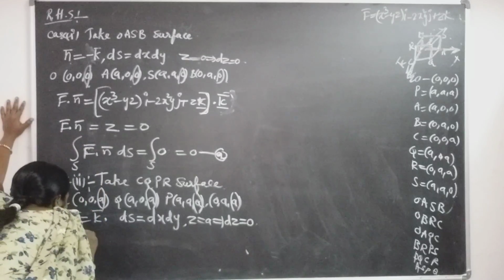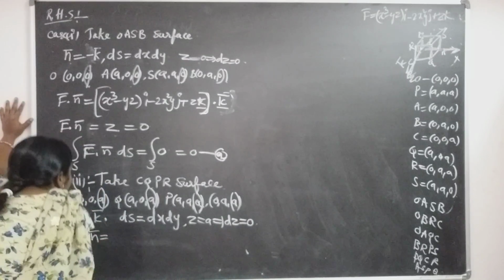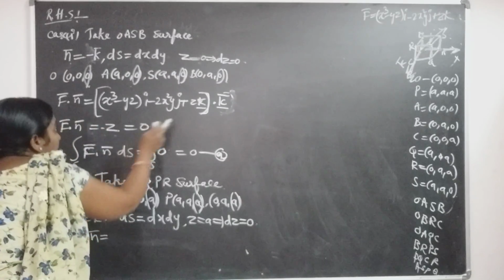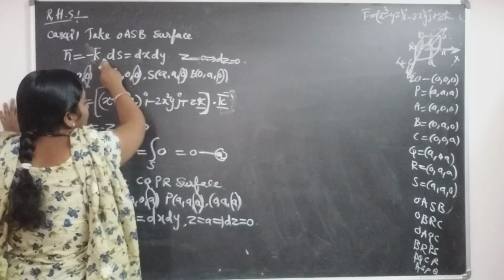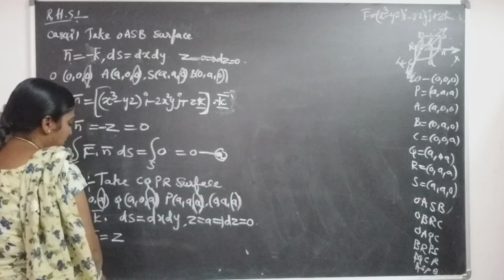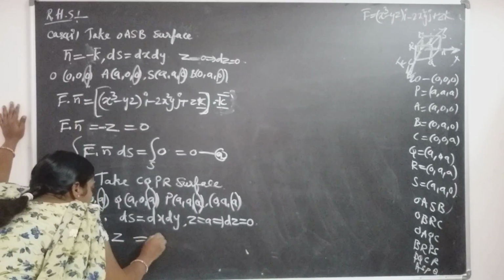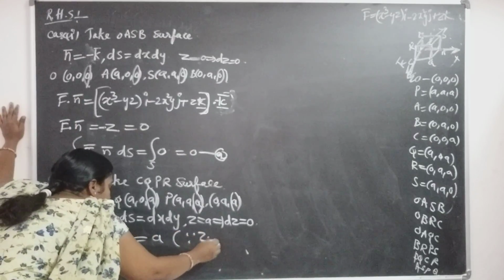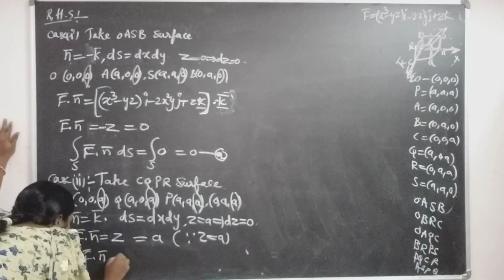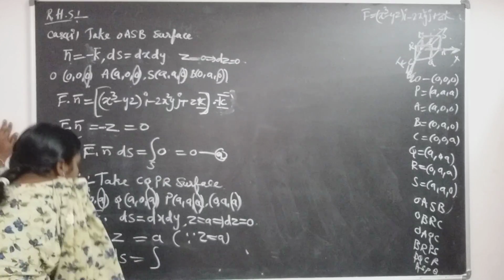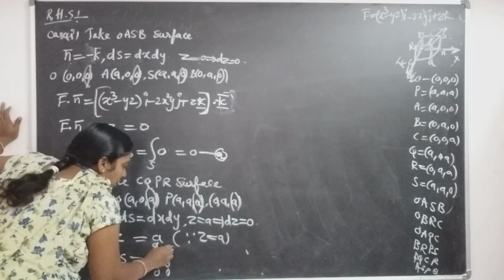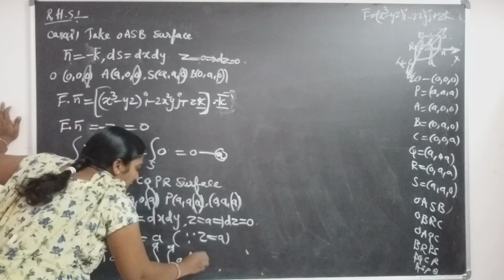Here the same f dot n vector. In the earlier case n vector was minus k vector, so we got minus z. In this case we are getting plus z. But we know that z is equal to a, so f dot n vector is equal to a. Surface integral of f bar dot n bar ds is equal to, with x and y limits 0 to a, 0 to a, into dx dy.